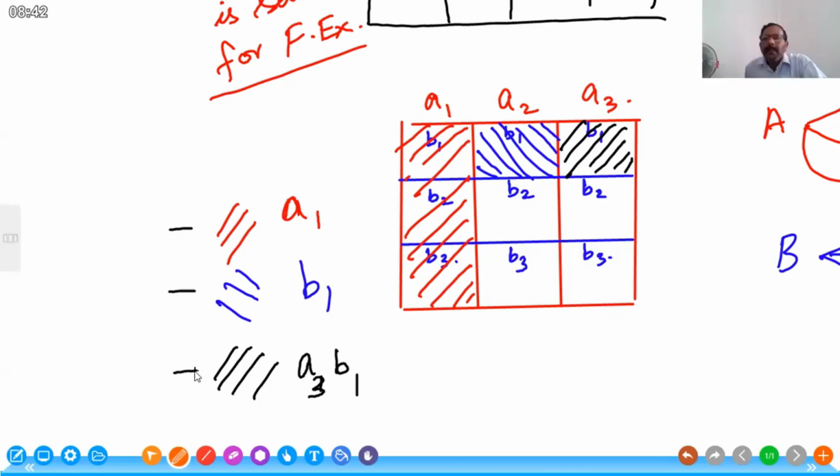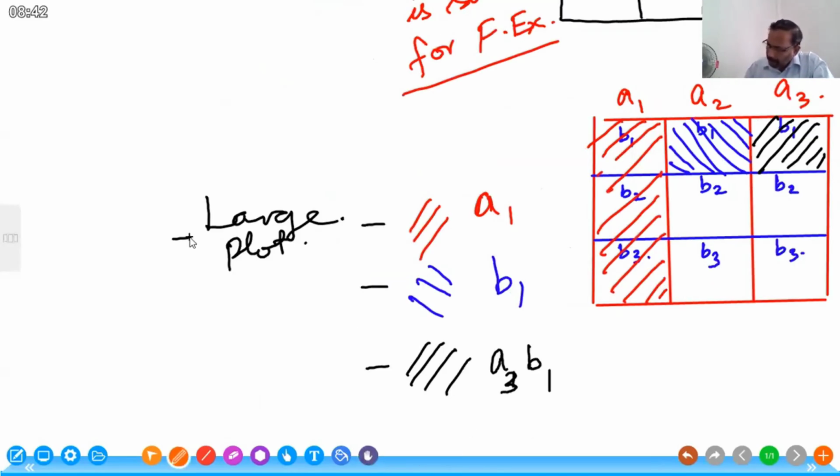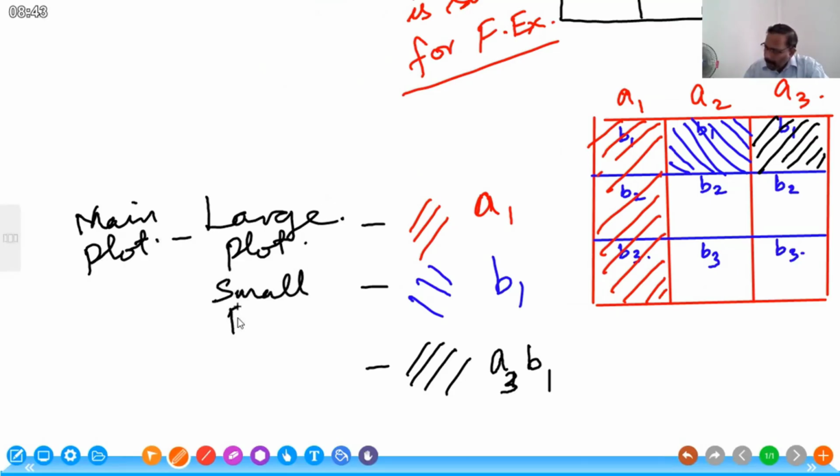So A1 is called a large plot. It is also called the main plot. These are the names that I'm talking about. Large plot. What about B1? Small plot, or we can say subplot.